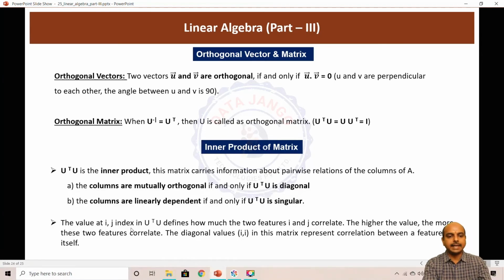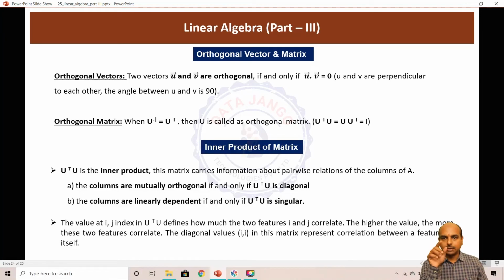The values at the ij index in U transpose U: in U transpose U you are multiplying columns with columns. First column with first column, first column with second column, first column with fourth column, then again second column with first column. It's a matrix multiplication, right? So when you do that, the ij index, the cell ij, contains the correlation between feature i and feature j.